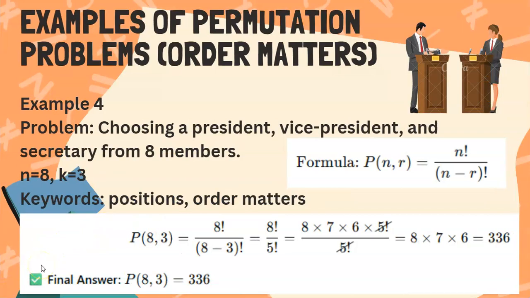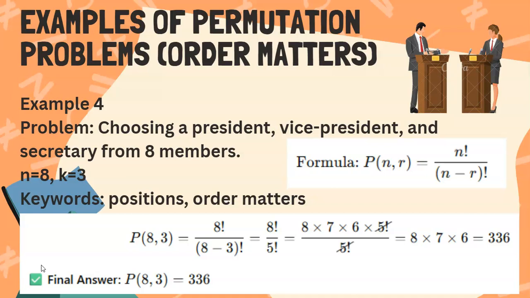Right, so example number 4, permutation, choosing a president, vice president, and secretary from 8 members. Alright, so how many members to choose from? That's 8. So n is equal to 8. And then how many members to be chosen out of the 8 members? 3. Okay, so r is equal to 3.